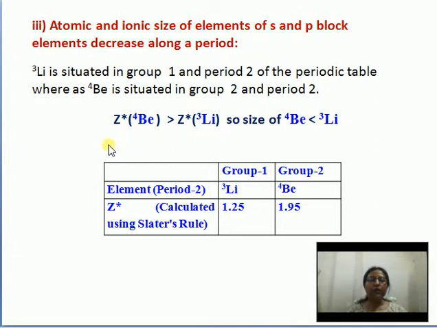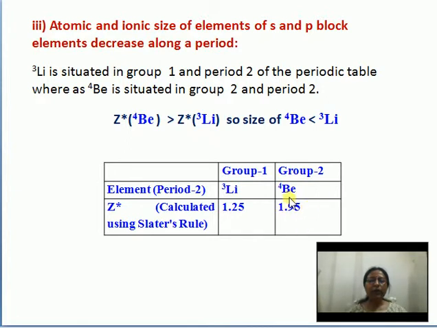So for example, let us take lithium and beryllium. Both are present in period 2, and one is in group 1 and another one, the beryllium, is in group 2. So if we calculate the Z star value, you see for lithium it is 1.25, which is in group 1, and for beryllium it will be 1.95.